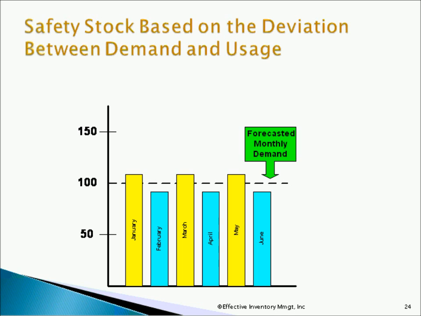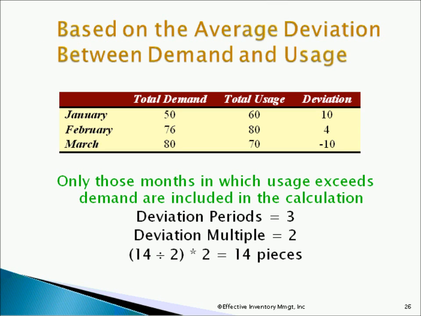In this case, you can see on the slide this particular forecast. You see that the usage is very close to the forecast. Let's look at the next slide. Here, the usage differs considerably from the forecast.